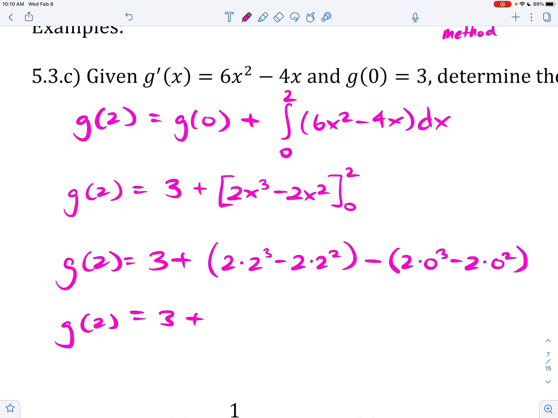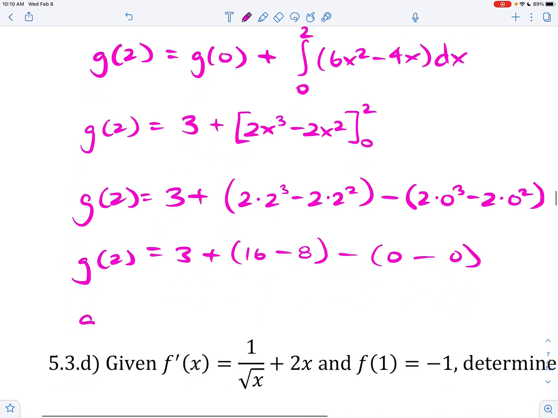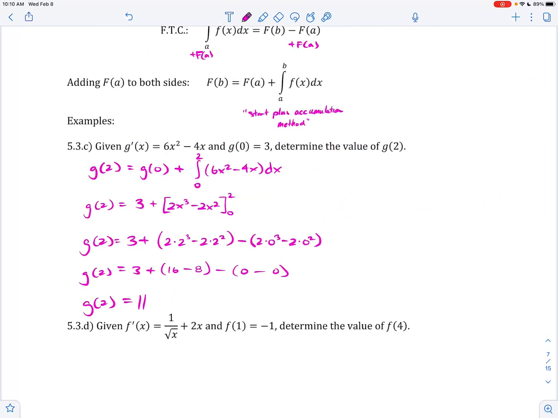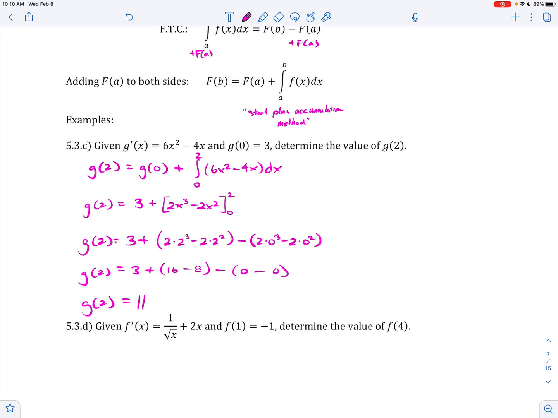So 3 plus whatever this is. 2 cubed is 8, so 16 minus 8 minus a whole bunch of 0. Okay, so then it's really just 3 plus 8, which is 11. Wow, what a day.